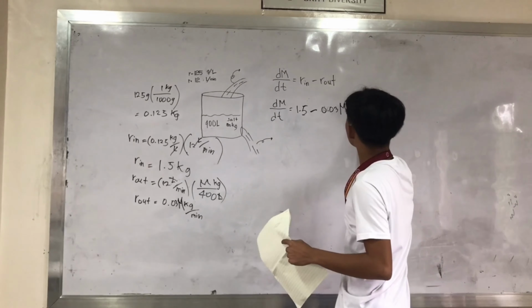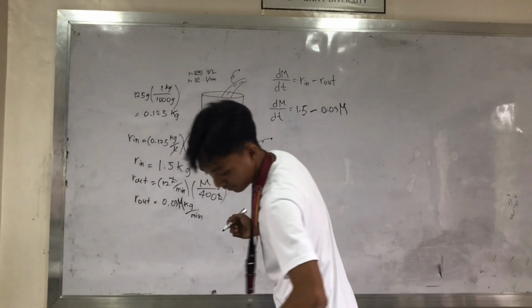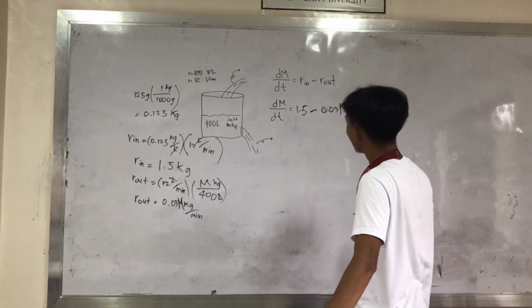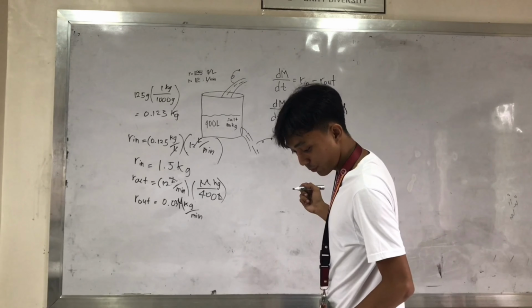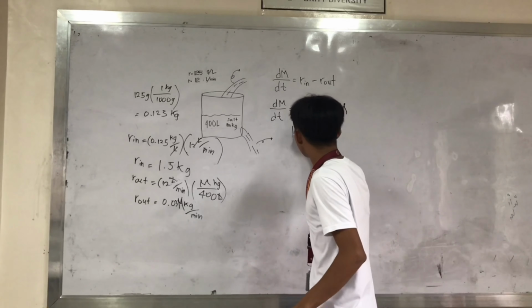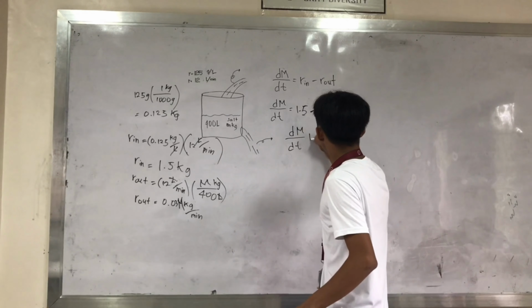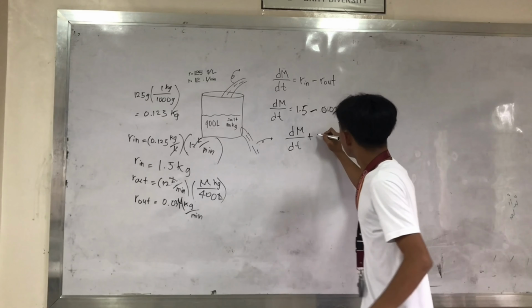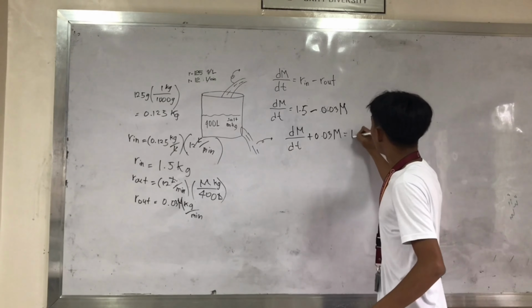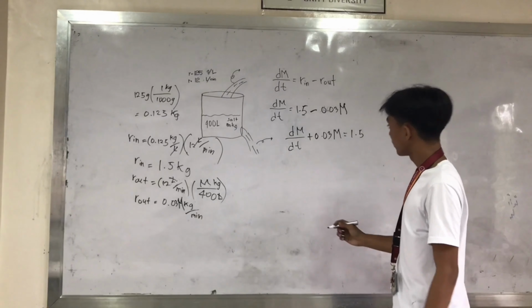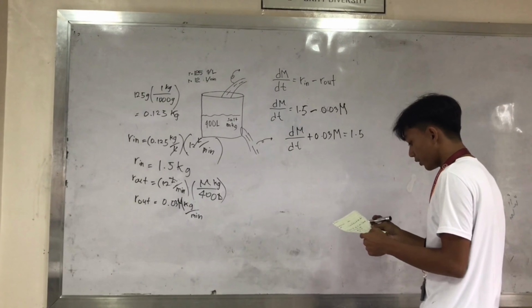And transpose the Rout to make it first order linear: dm over dt plus 0.03 M is equal to 1.5. Now we have a general equation.